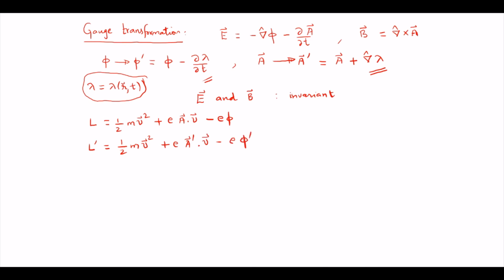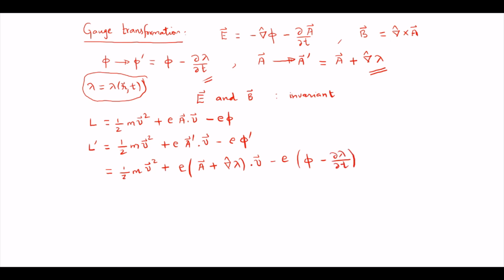Let us substitute: 1 by 2 m v vector square plus e, for A substituting A vector plus gradient of lambda, dot v, minus e, this becomes phi minus partial lambda by partial t.